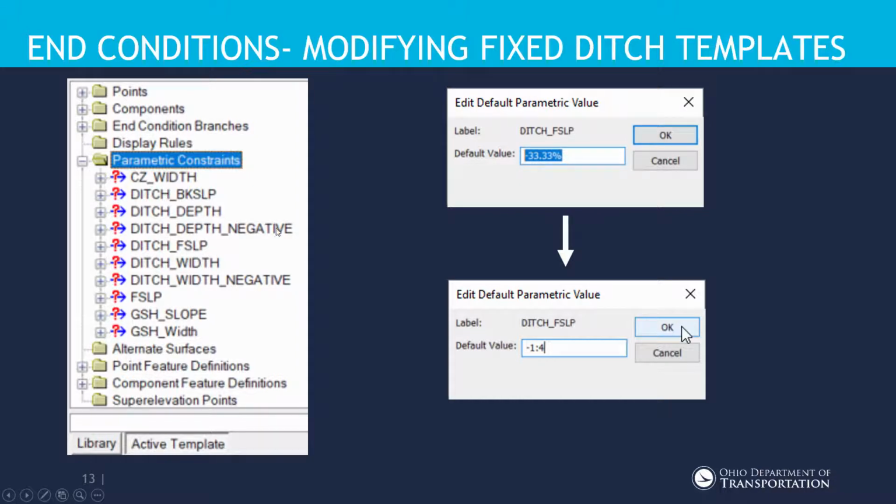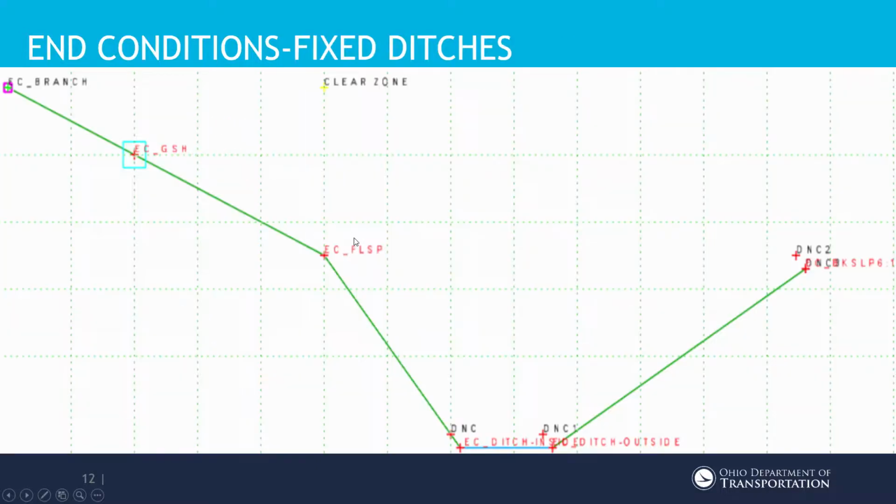Some of the points call for a positive value and some call for a negative value, just because of the direction and the way the template's set up. So when you change those, you have to make sure you keep the two at the same values. If there's a negative, the equivalent non-negative label has to be the same value. Okay, other than that, it's pretty simple. Just change your values to what you want here, and you'll have your fixed ditch set up.